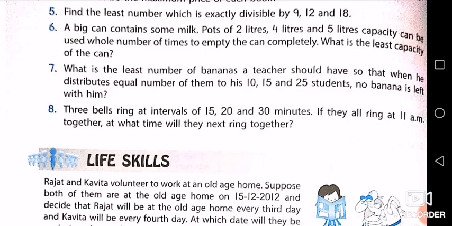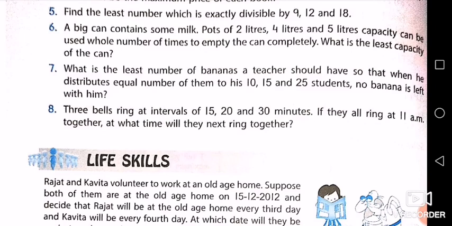Now children, tell me what will be the first statement. So many statements I have told you. So what will be the first statement? Yes, correct. You can frame the sentence in many ways. One of those ways is: least number of bananas required to distribute equally among 10, 15 and 25 students. This whole statement you will write in one line only.